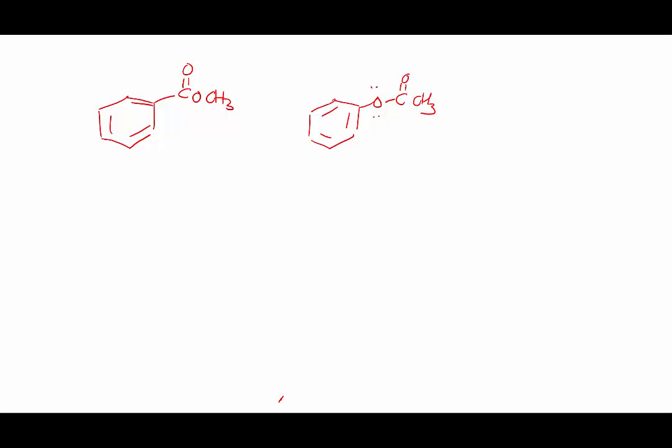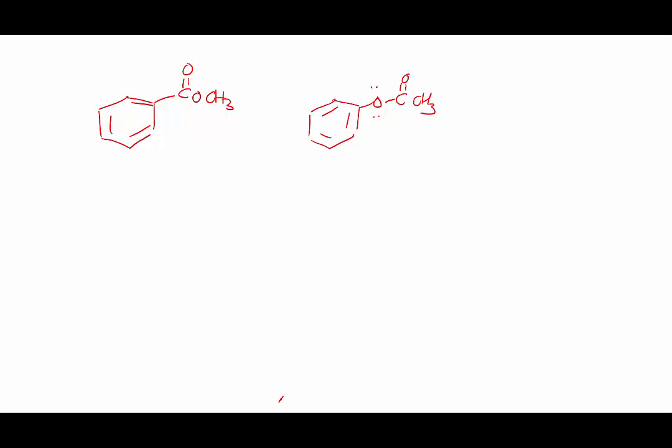Okay, well, how many people say that the electrophile here is going to add ortho-para? How many say it's going to add meta? Okay. Well, the first one was meta because the carbonyl was attached to the ring. What happens when I reverse it and I put the O next to the ring?